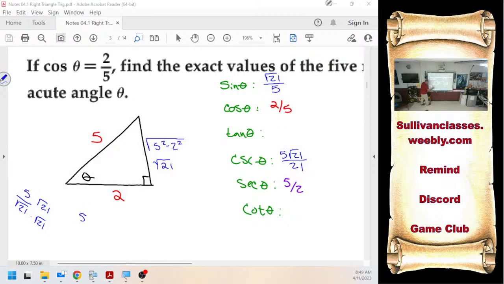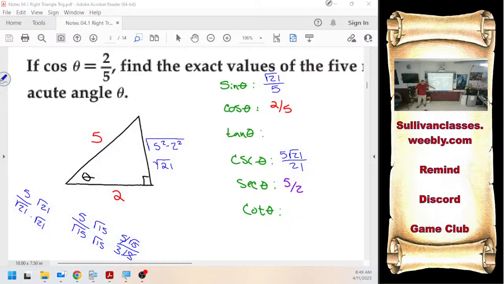What happens if it was 5 over the square root of 15? I can't divide by 5 right now, but after I rationalize, now it's 5 root of 15 over 15. Now you can simplify them.